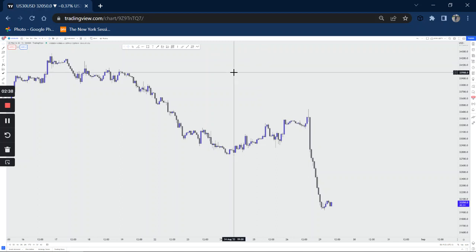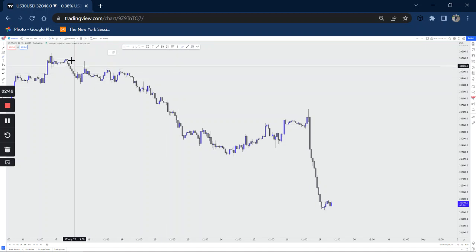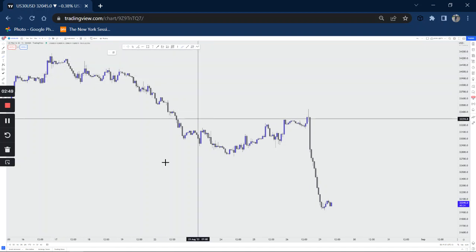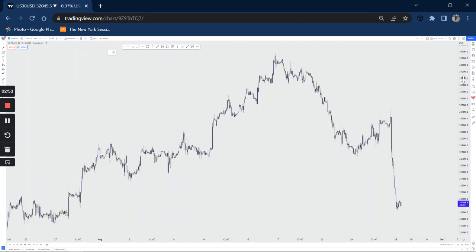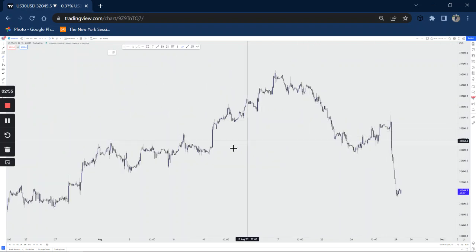But the most important thing, guys, is that we have to understand the flow of the market. As you can see here, let me grab my tool. Because I'm an intraday trader, I'm not going to go through so much data, going back so far in time.